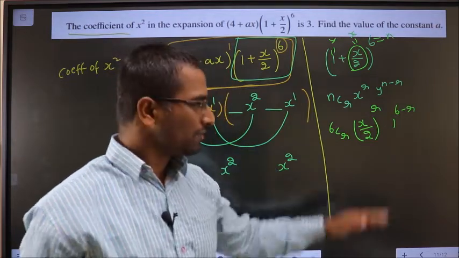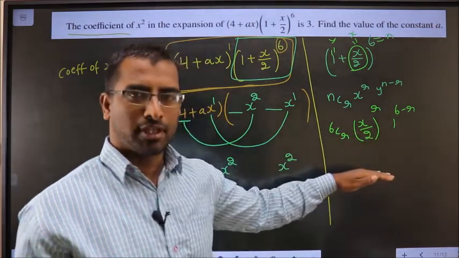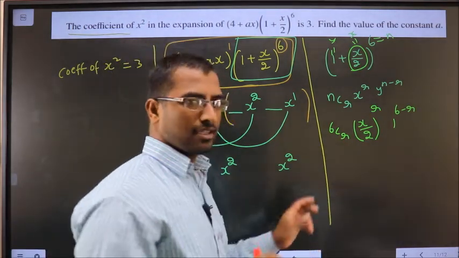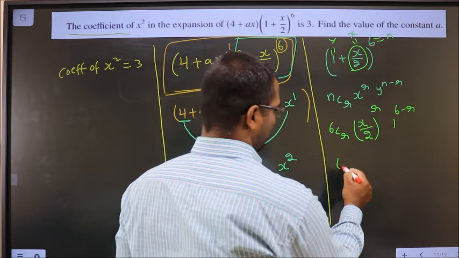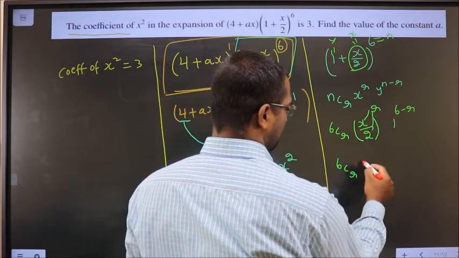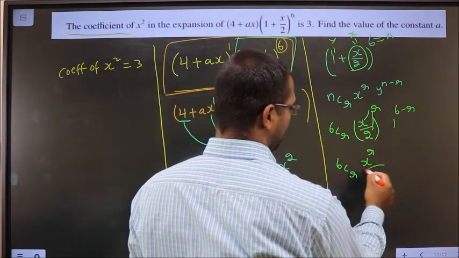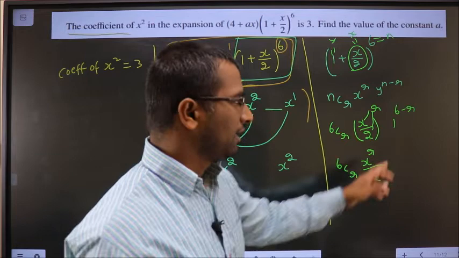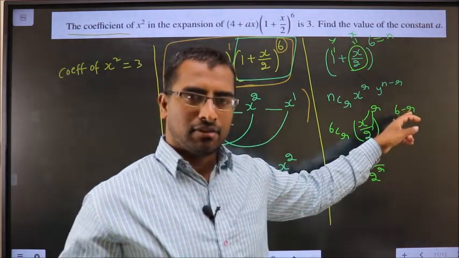Now, simplify this to the maximum extent. And how do we do that? See. 6Cr will remain. Apply this power to each. So that will be x power r by 2 power r. Okay. 1 power anything is 1.